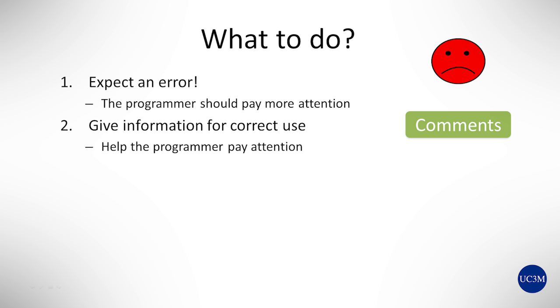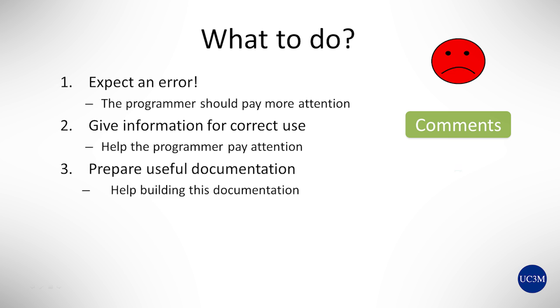So from the computer point of view, it is as if nothing were there. Third possibility. Help prepare a useful documentation. Javadoc is a documentation generator on the basis of special comments. If you use these special comments, you can generate a nice documentation automatically.